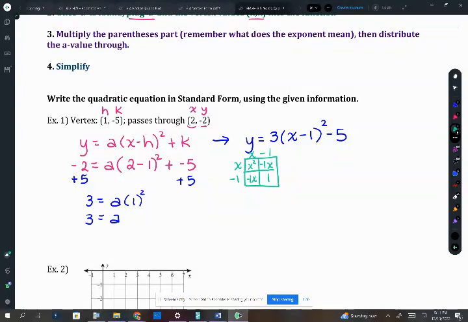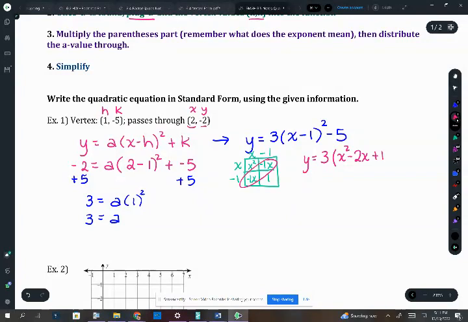So as we look at that, remember that we can combine the numbers that are on the diagonal. And so this equation ends up being y is equal to 3 times (x squared, -1x and -1x is -2x, and then plus 1). And then we have our -5 at the end.